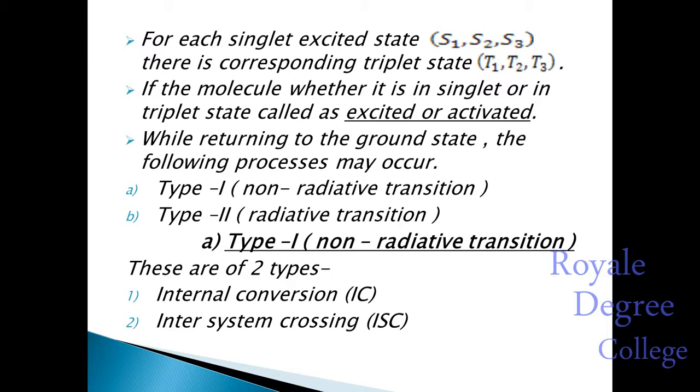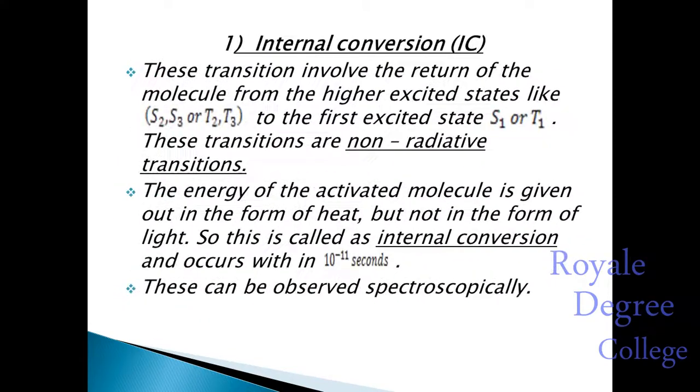First of all, we'll see about type 1, non-radiative transition. These are of two types: internal conversion, and the second one is intersystem crossing. Now we'll talk about internal conversion. This transition involves the return of the molecule from the higher excited states like S2, S3 or T2, T3 to the first excited state, that is S1 or T1.